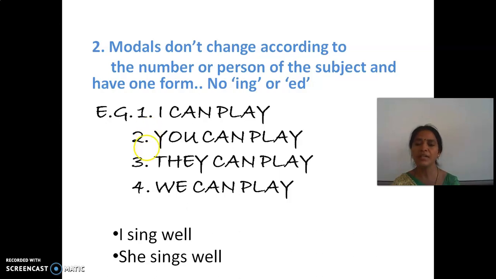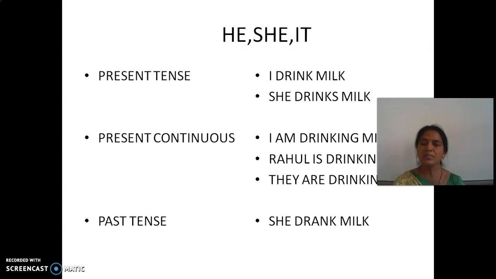See here I have written: I can play, you can play, they can play, we can play. What are these, I, you, they, we? The number or person that is mentioned over here. We will discuss that in detail in this particular slide. I have also written here, he, she, it.